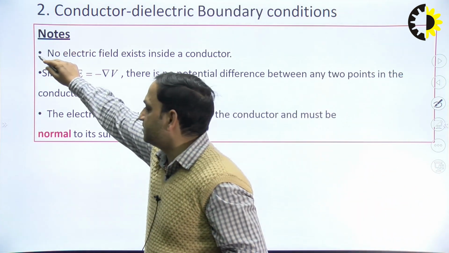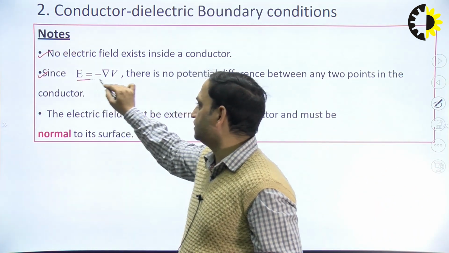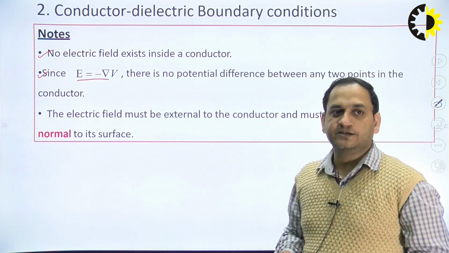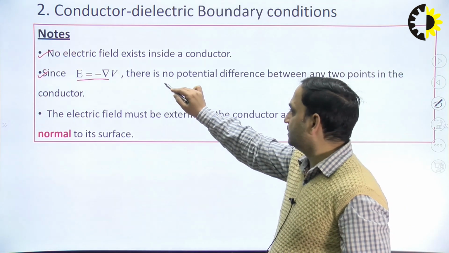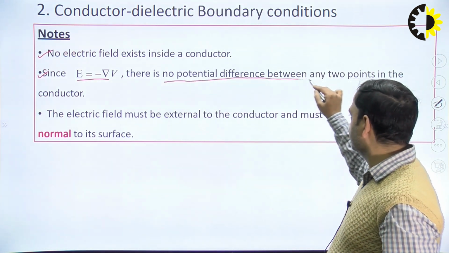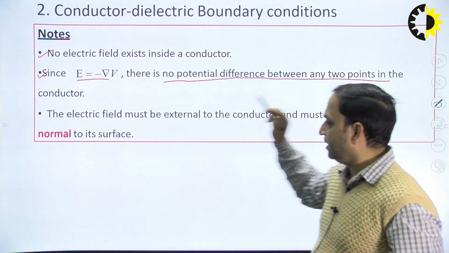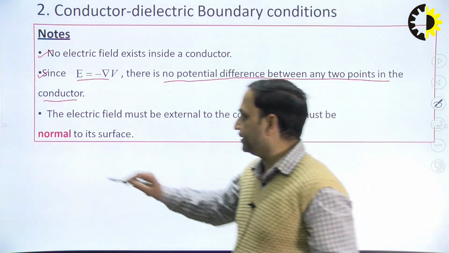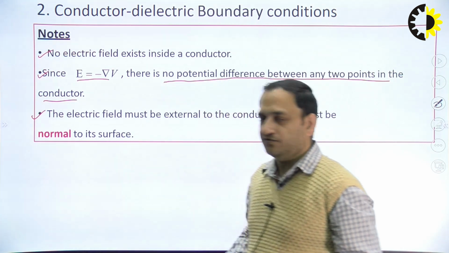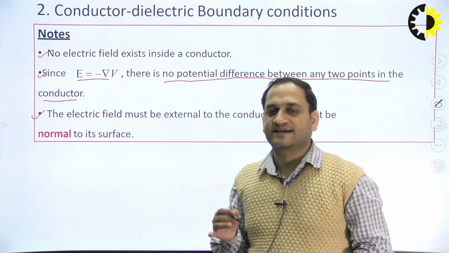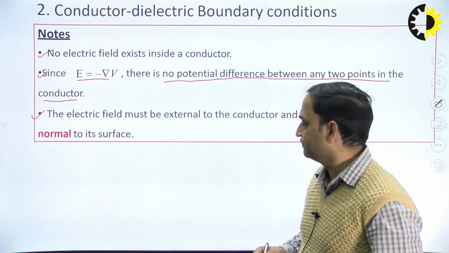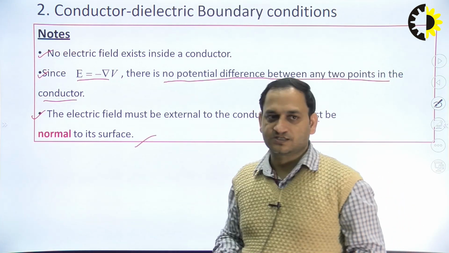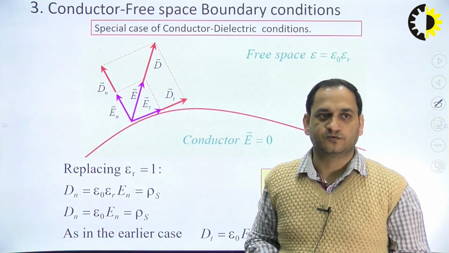So E is equal to minus gradient of V. So it means there is no potential difference between any 2 points in the conductor, right. Third point, the electric field must be external to the conductor and must be normal to its surface. Okay, this point must be clear to all of you.